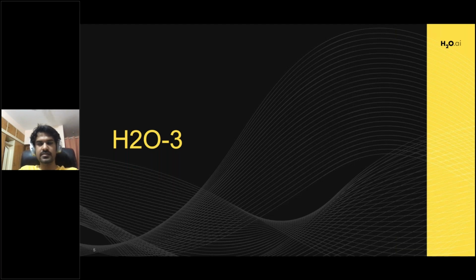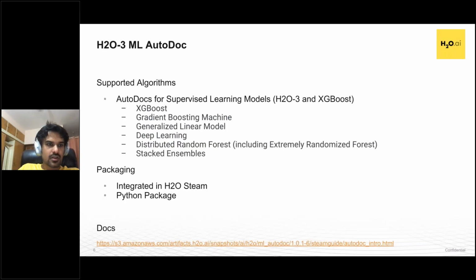First, let's go through how you can document the model which you are generating in H2O3 and create a document out of it. These are the algorithms which are supported inside of H2O, for which you can create AutoDoc out of the box. It's XGBoost, which everyone is pretty familiar with. Inside H2O3, we have a variant of XGBoost which can run in parallel, and then the gradient boosting machine which is internal to H2O3, and so you can generate AutoDoc for this.